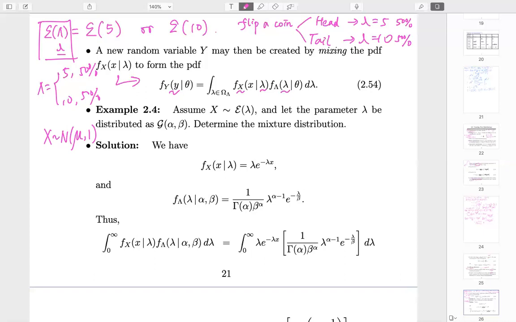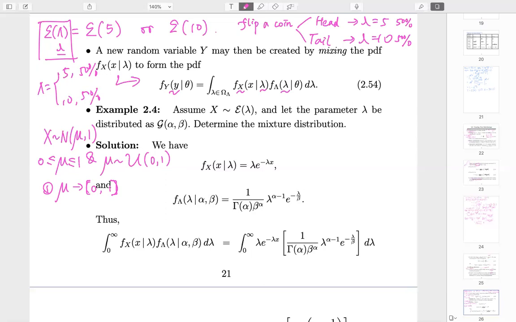But I know it's something between 0 and 1, and I know this is a uniform between 0 and 1. Which means in order for me to get the full information, my first step is to pick something from 0 and 1, uniformly.